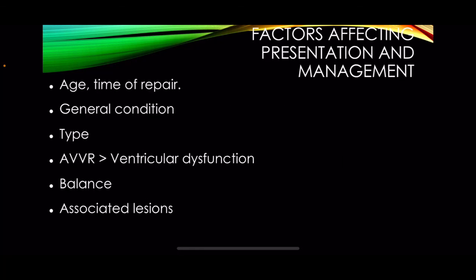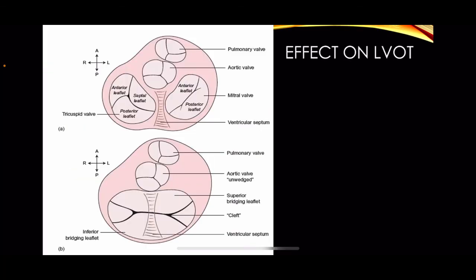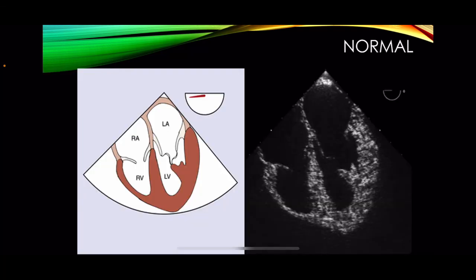For this, I will go back to a previous slide, the normal heart. Usually the AV node is somewhere here and the His bundle will go this way and it will branch to supply the ventricular muscles. So the AV canal defect is here, taking this area.